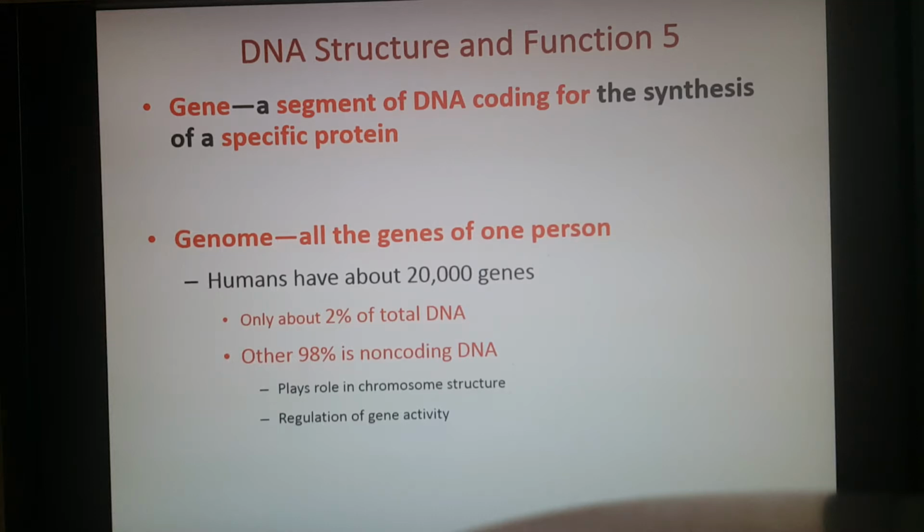You can have spaces where something binds to it to prevent that gene from being copied into RNA. And when you remove that blocker, then you're able to transcribe that gene into RNA to make your protein.